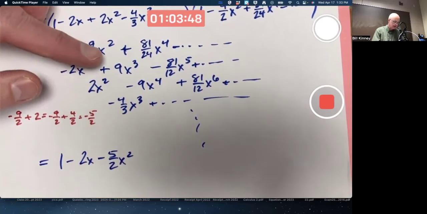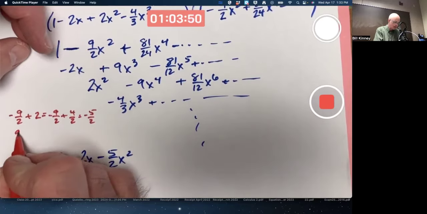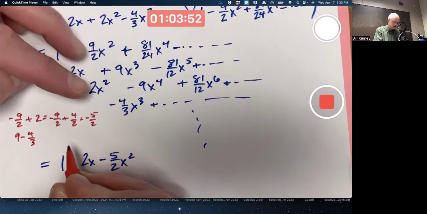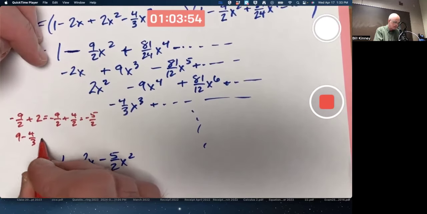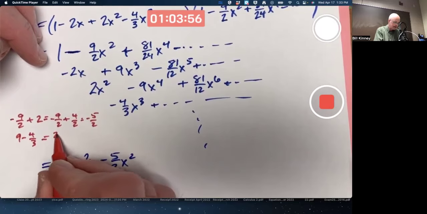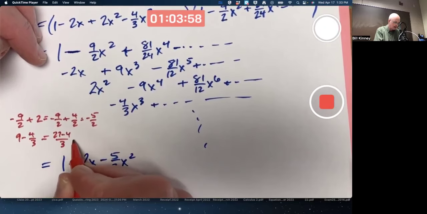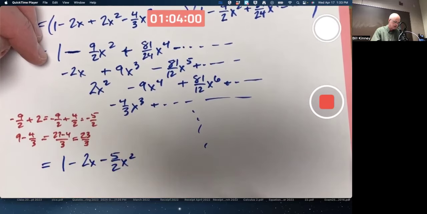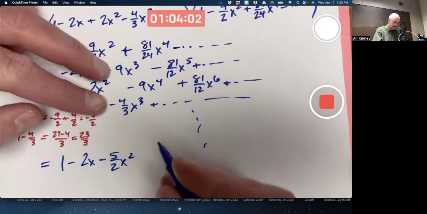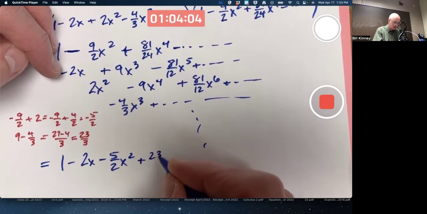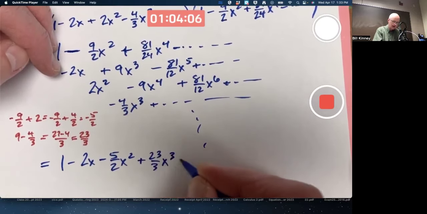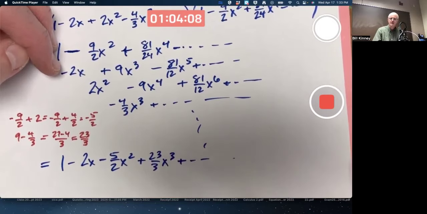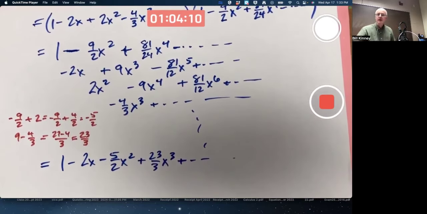Let's also do the 9 minus 4/3 for the x cubed terms. That'll be 27 minus 4/3, 23/3. Looks like that's the coefficient of x cubed. Hopefully I have not made a mistake. Let's just do plus dot dot dots from there.